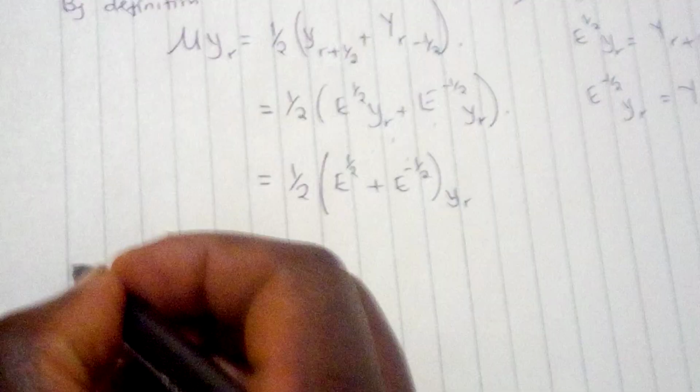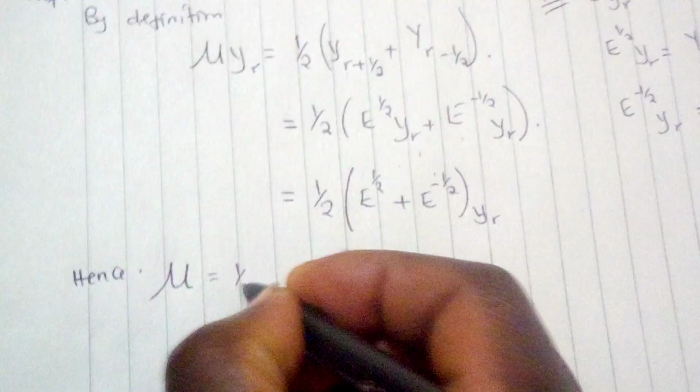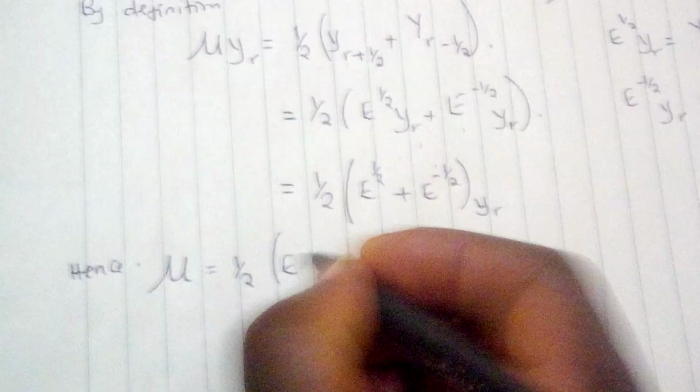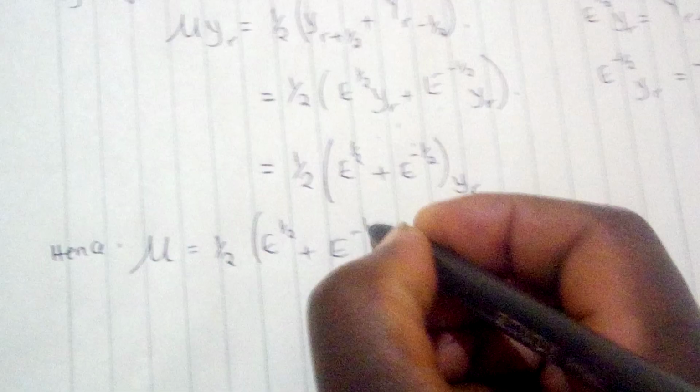Hence we have the averaging operator mu is equal to a half e to power a half plus the shift operator e to power negative a half.